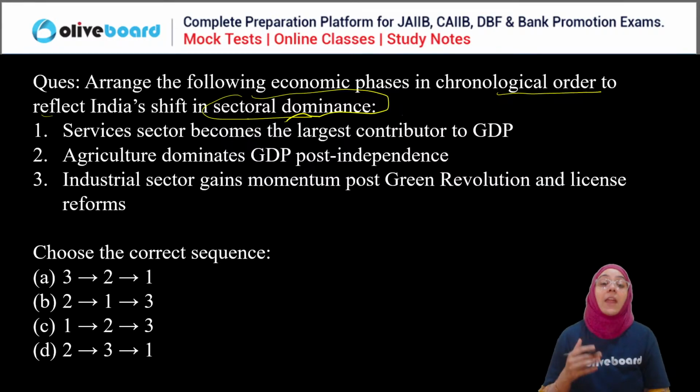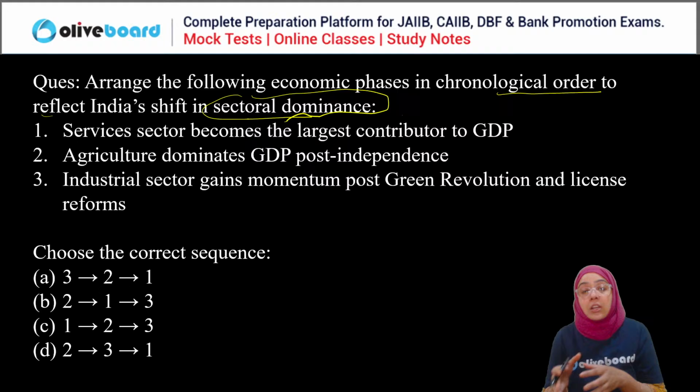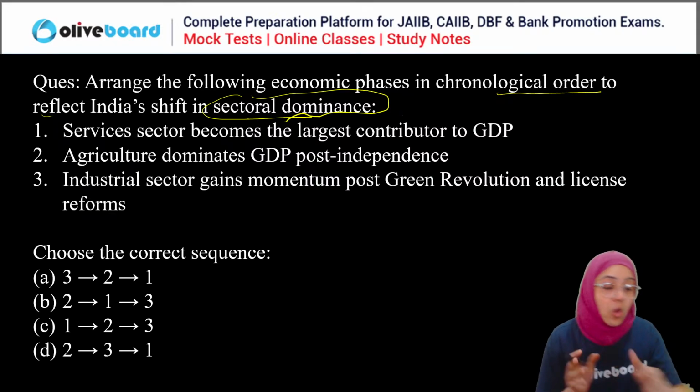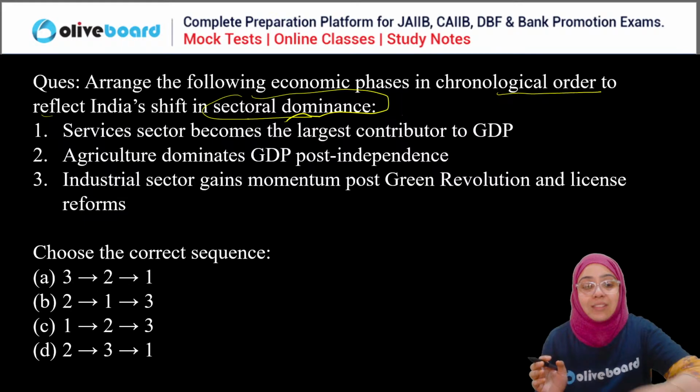Agriculture dominates GDP post independence. Industrial sector gains momentum post green revolution and licensing reform. Arrange it: what comes early, what comes after, in a chronological order.